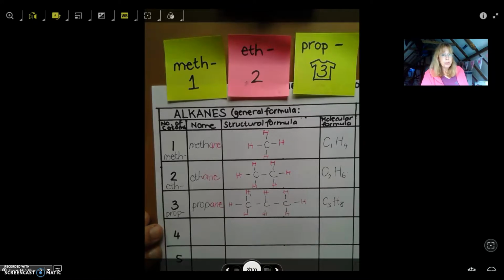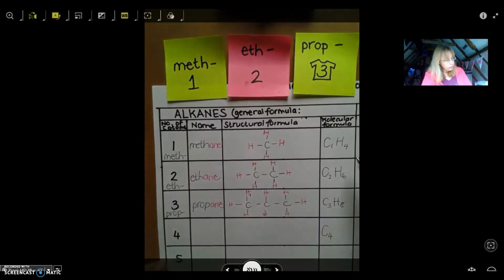I'm going to do one more for you. Looking at that pattern, can you guess what the molecular formula is for the alkane with 4 carbon atoms? Of course it's going to have a C4, and if we look at this pattern, I've gone 4, 6, 8, so this is going to be 10.